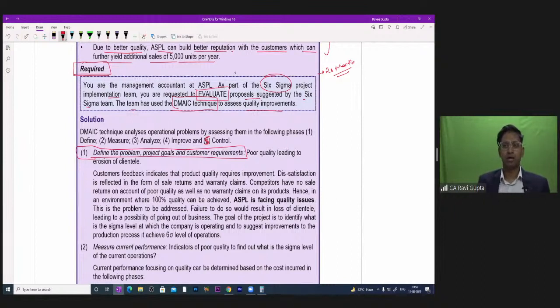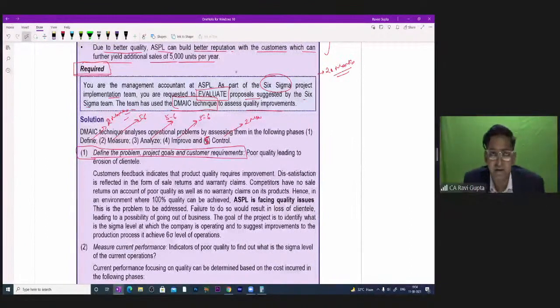That makes 4 marks for these 2 points, and the remaining 3 points are measure, analyze, and improve. Majorly we are going to get the marks on these: measure, analyze, and improve. It could be 5 to 6 marks each. This will be of 2 marks, and this should be of 2 marks, right? Okay.